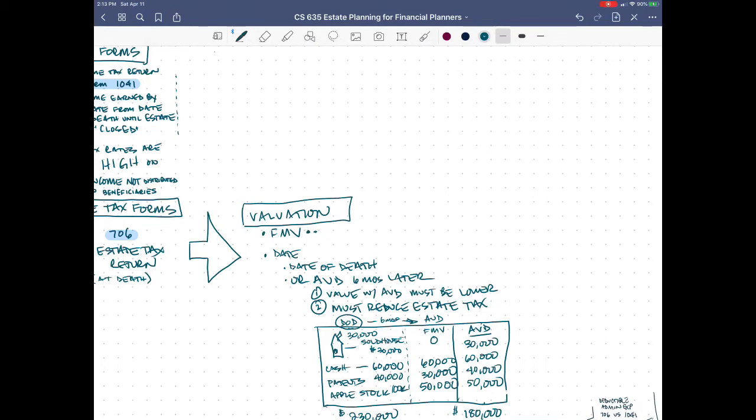It used to be out in the middle of nowhere. Now, using it as farmland has one value. Using it as property to be developed has another value. And so one of the options is to use this special use valuation. This is the IRC section 2032A.